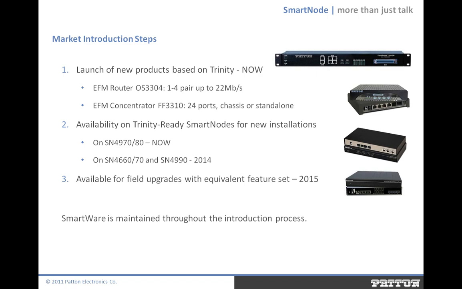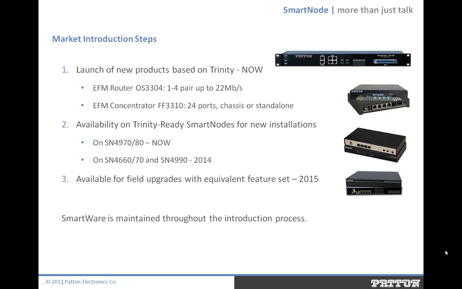Then we're making it available for those SmartNode models which are Trinity ready, where we recommend them for new installations. So for example, today the software is available for the 4970 and 80 series, and you will see later what new features and applications Trinity software enables.